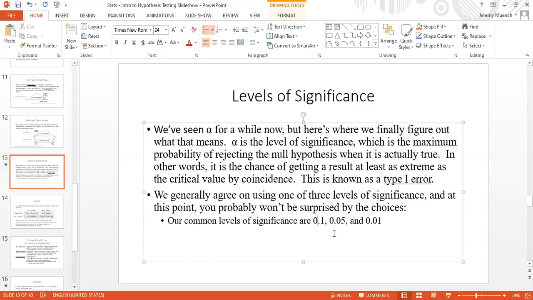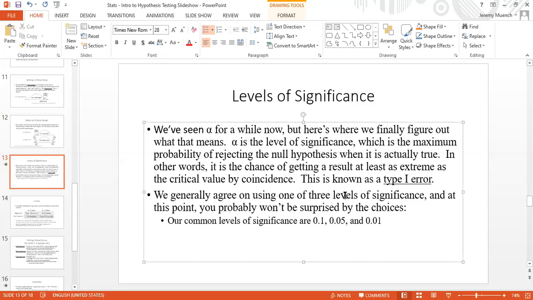A 0.05 level of significance is, I would say, in most experiments, the gold standard, an alpha of 0.05. This is saying if there's a 5% probability that our data values occurred by chance, assuming the null hypothesis was correct and our data values simply occurred by chance, if that happens only 5% of the time, then that's when we'll reject our null hypothesis and say, well, that doesn't seem reasonable.